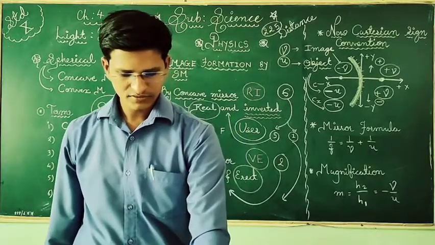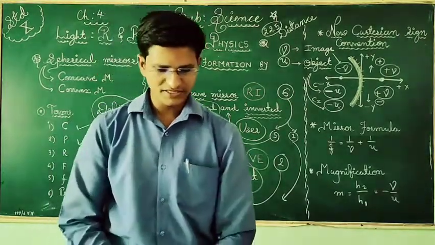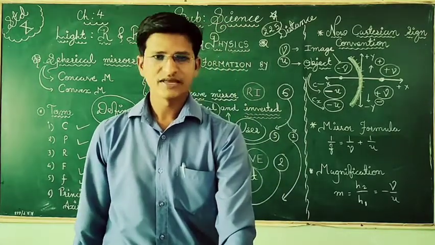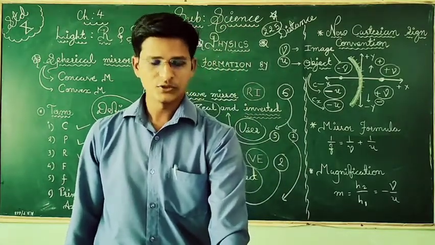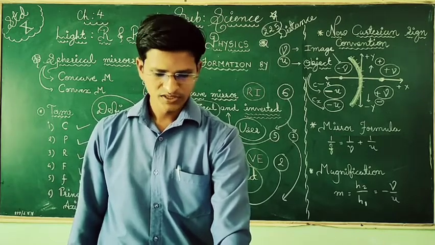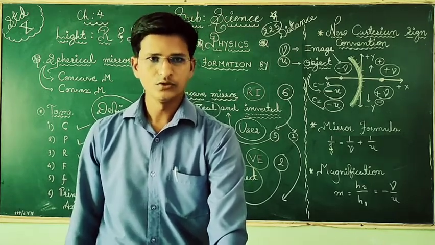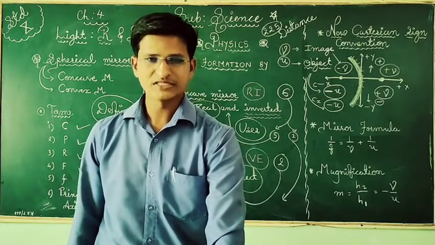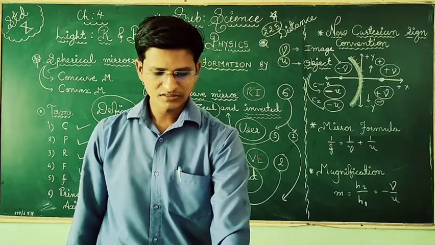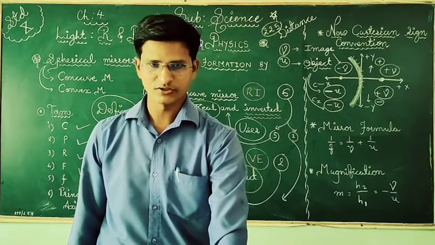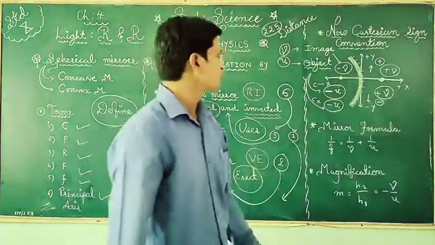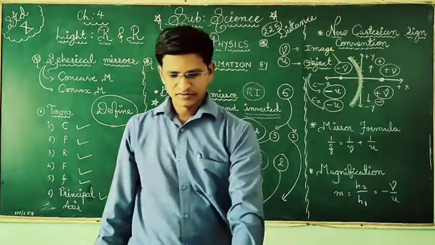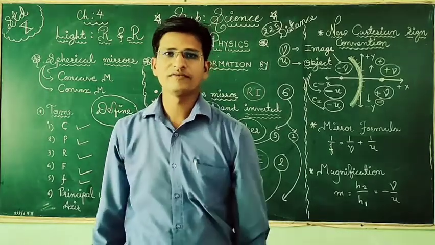Once again, please see page number 225, the sign convention for the spherical mirror, the object distance u and image distance v. The object distance u is negative in both concave and convex mirrors, but the image distance v is negative for a real image, and v is positive for a convex mirror.